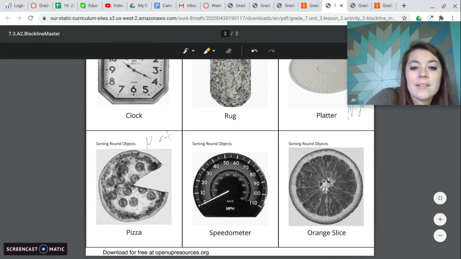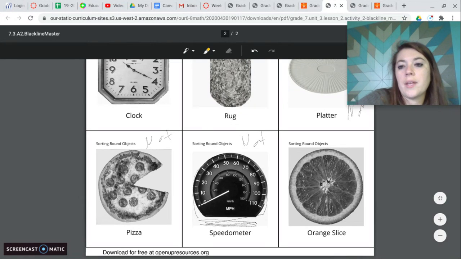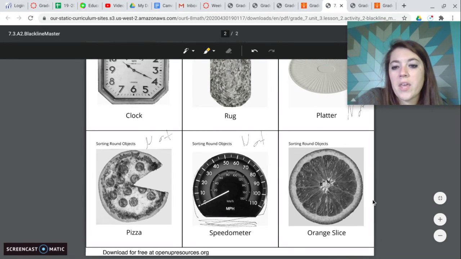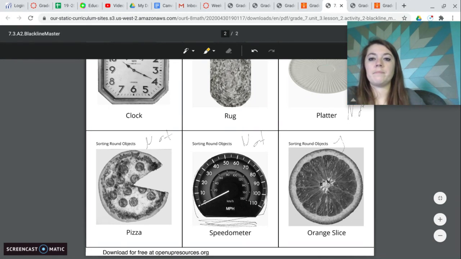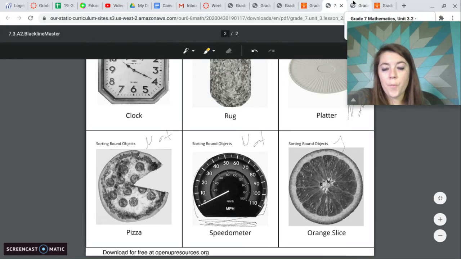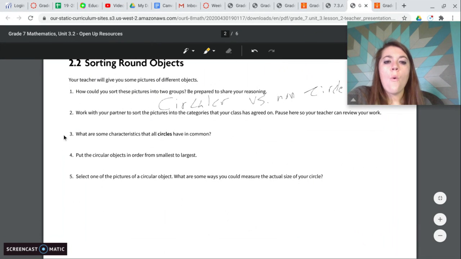Nope, it's not, because notice, it may be perfectly circular all the way around there, but it's got this flat side down here. Can a circle have a flat side? Nope. And then what about the orange slice? Yes. Yes, indeed.